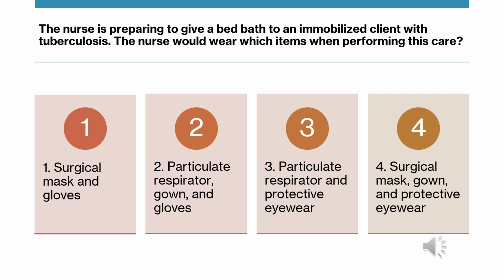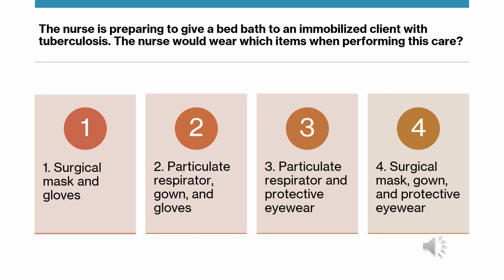That means water could get on your clothes. You could be coming in contact with various body fluids. So in addition, you want to protect your clothes, so you're going to have your gown on. And then because you could be coming in contact with body fluids, you're going to wear gloves. So our answer here is going to be number 2, particulate respirator, gown, and gloves.